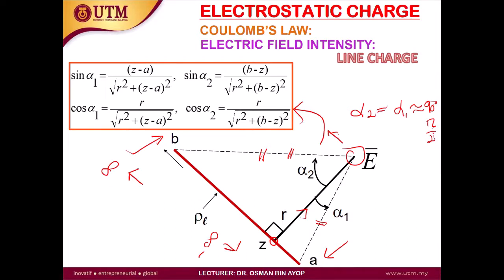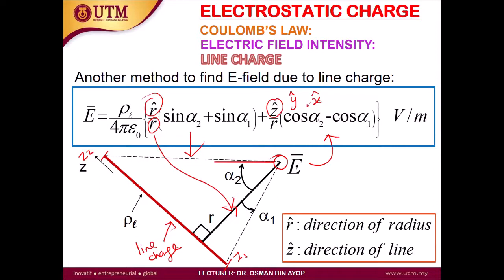So when you put your alpha 1 and alpha 2 to 90 degrees, what happens to this expression? This one becomes sine 90 degrees, and cos 90 degrees. Here also cos 90 degrees. So you can see from these expressions, this will be 0. And then sine alpha 1 and sine alpha 2 are the same, which is sine 90, which is equal to 1.